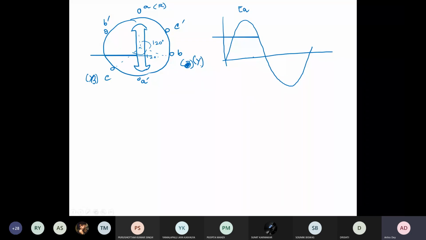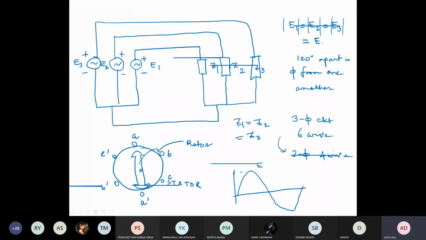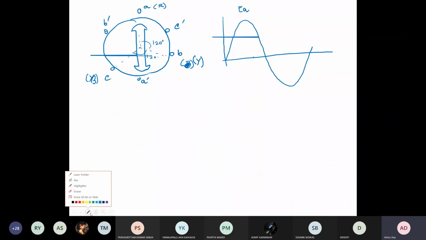So RYB, this is the most common form, RYB sequence, red, yellow, blue.